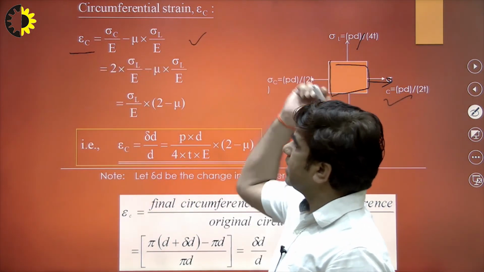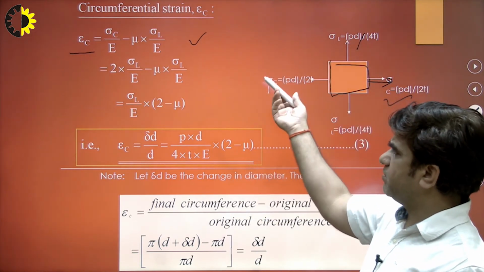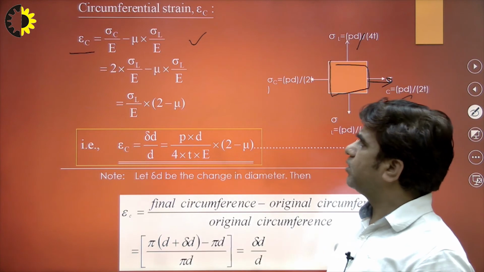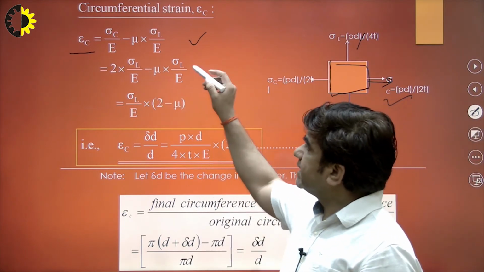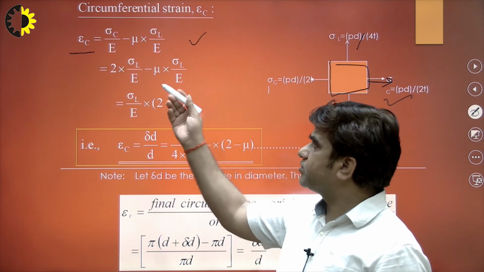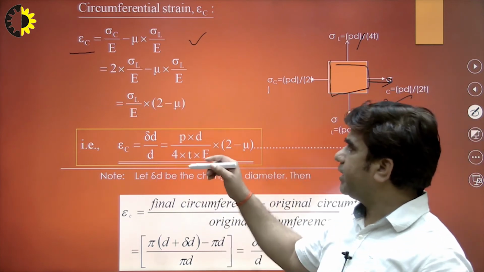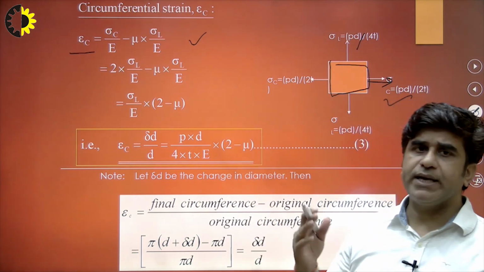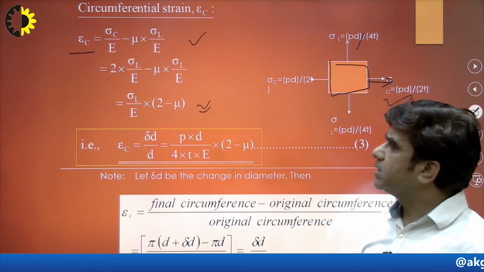So hoop strain can be calculated. Putting the value of sigma c in terms of sigma L, as we all know sigma c is equal to twice sigma L, this can be simplified as hoop strain equal to sigma L upon E into 2 minus mu. This is the hoop strain.